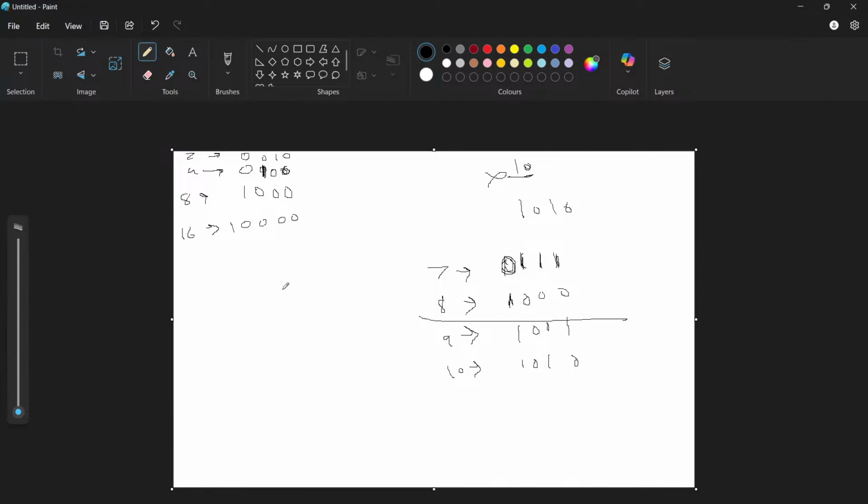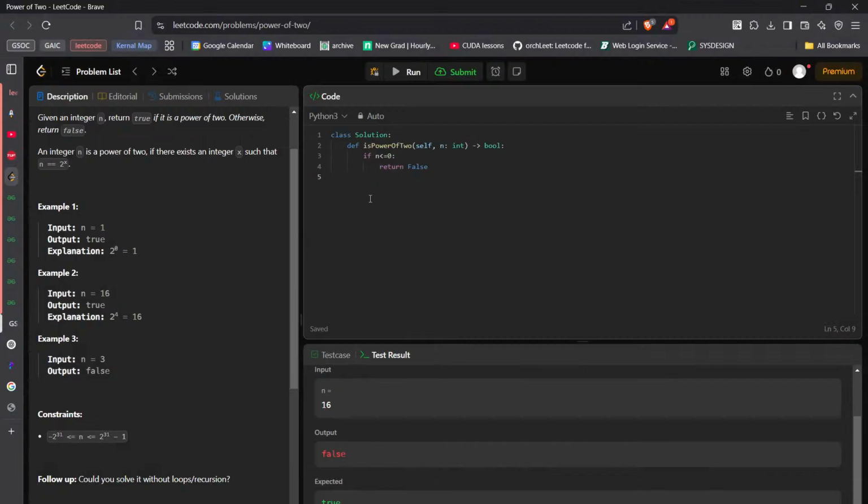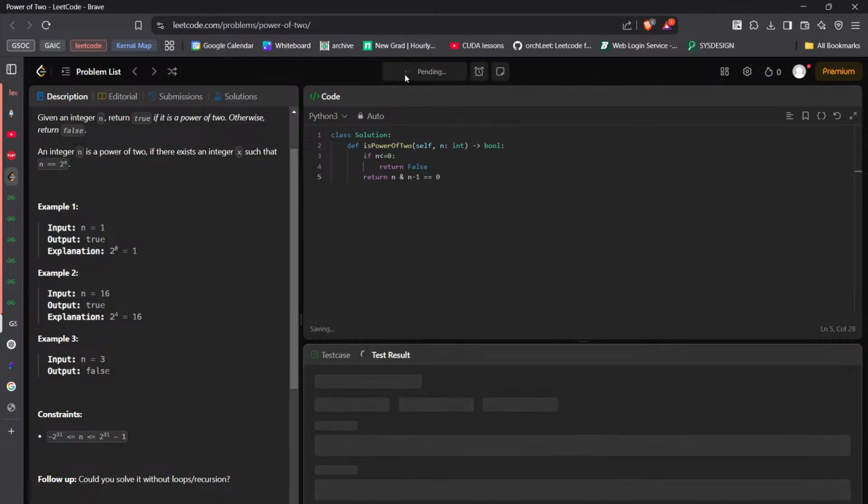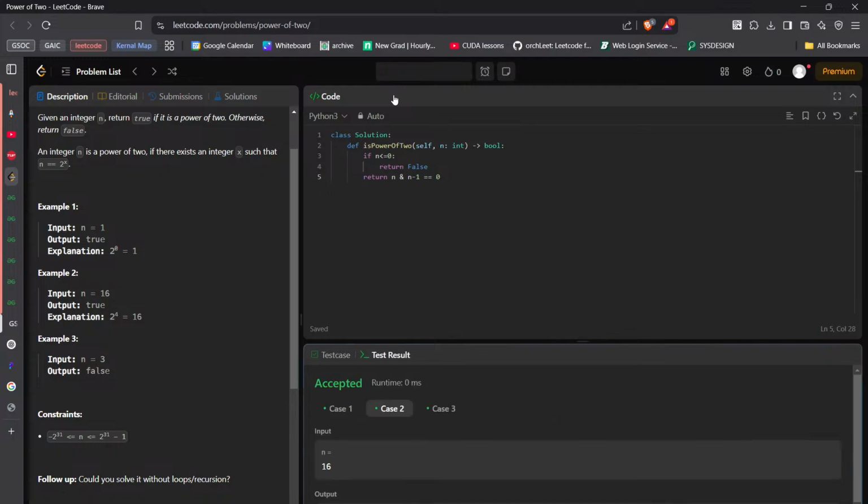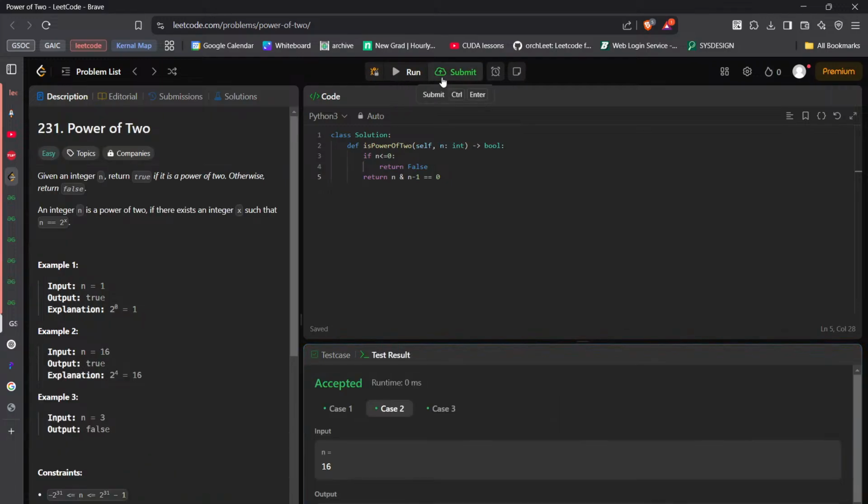So if I add this, 8 and 7 will give me 0. So if number and number minus 1 equals 0, then true. 10 and 10 minus 1 is not equal to 0. Good.